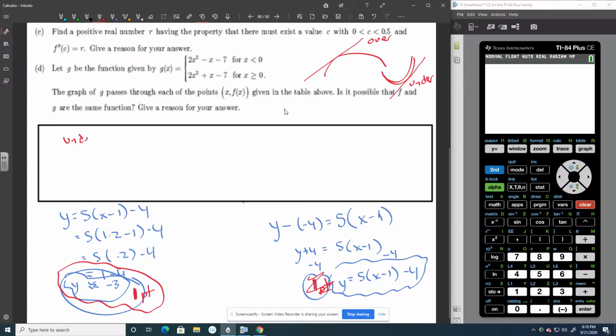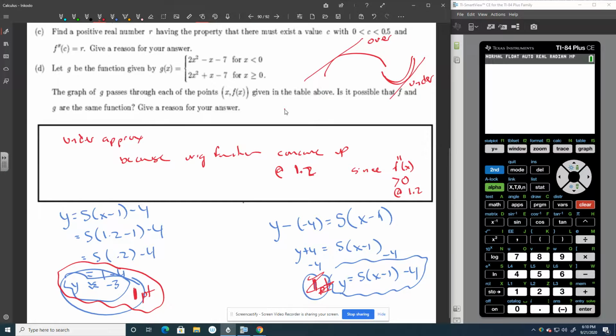This is an under approximation because our original function is concave up at 1.2. Our original function is concave up at 1.2 since our f double prime is greater than 0 at 1.2.